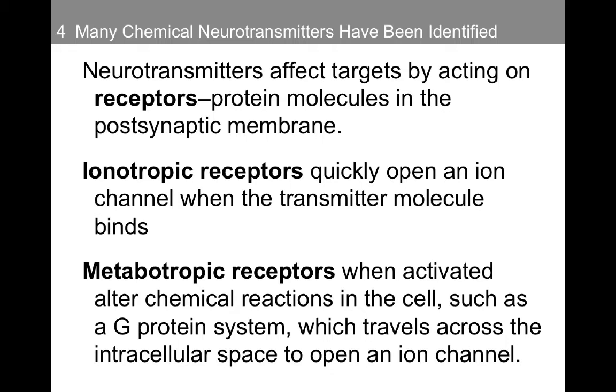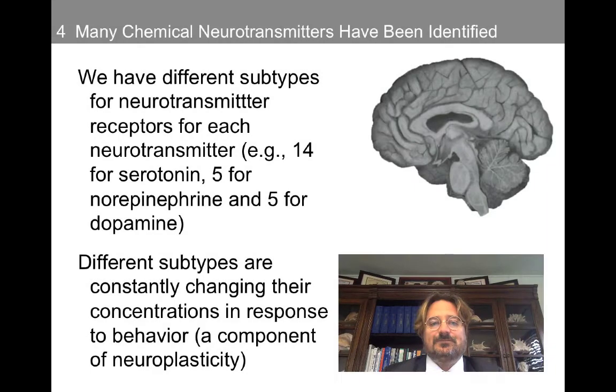They'll send a G protein into the cytoplasm, and it will diffuse throughout the cytoplasm and travel until it hits an ion channel. And once it exerts its effect on the ion channel, that will cause an ion, a cation or an anion, to enter the intracellular space.